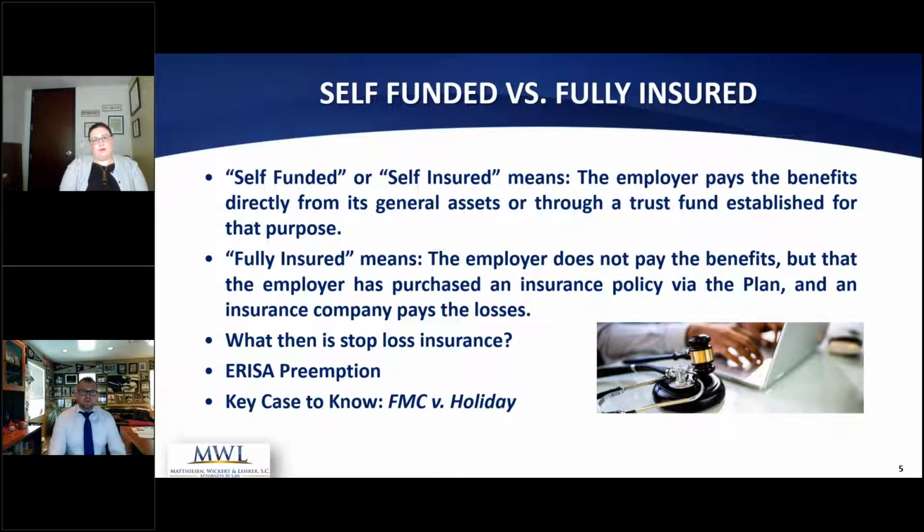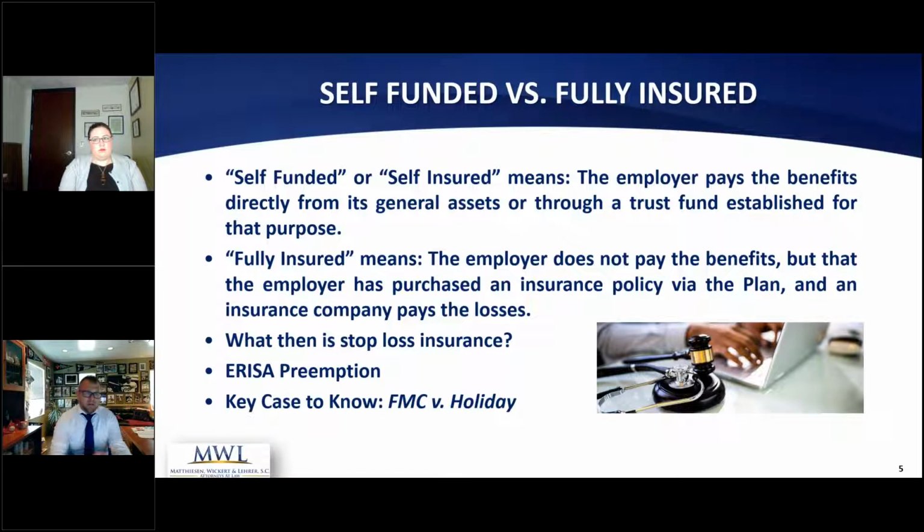Of course, because most of you are going to be dealing with, I'm sure, self-funded plans, you're going to get a question from plaintiffs' lawyers about stop-loss insurance. I just told you that if the plan is funded by insurance, it's fully insured, and they're going to say, well, you've actually got a hybrid plan, in between the two, with this stop-loss insurance.